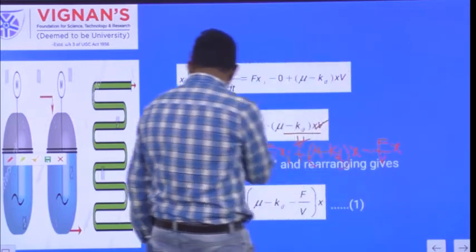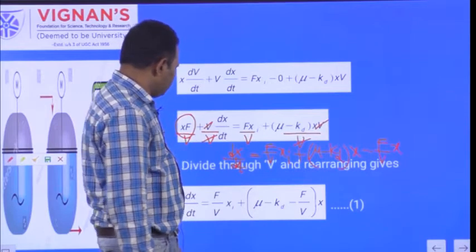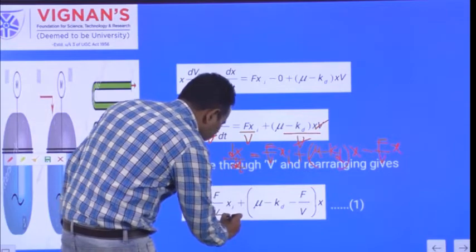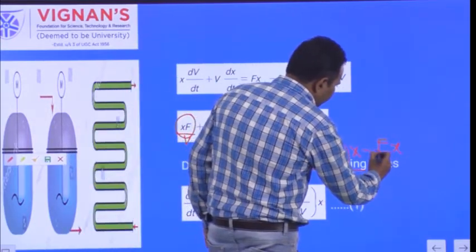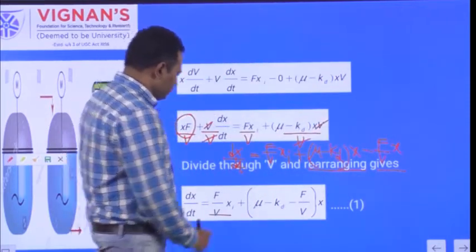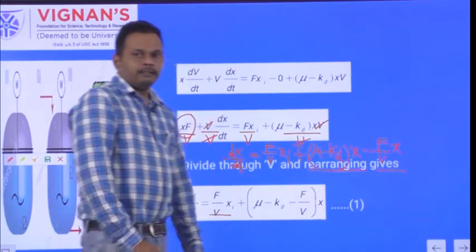Finally, dx/dt is equal to F by V xi, and both the terms (mu minus kd) x and F by V x consist of x, so take x common. Then this equation becomes (mu minus kd minus F by V) into x. This is equation 1.